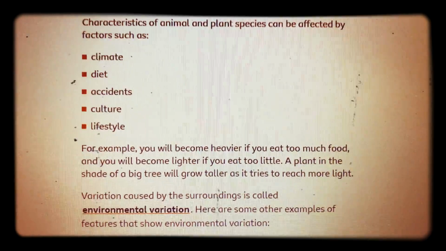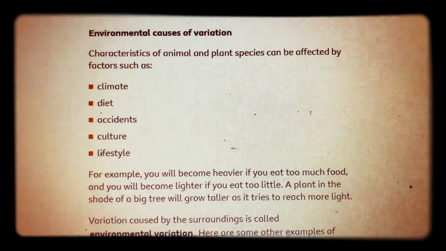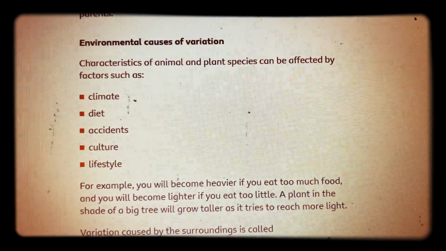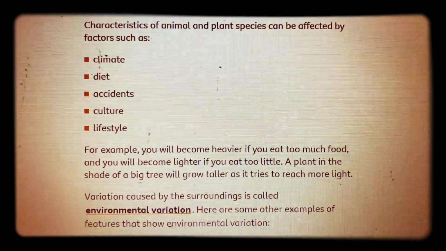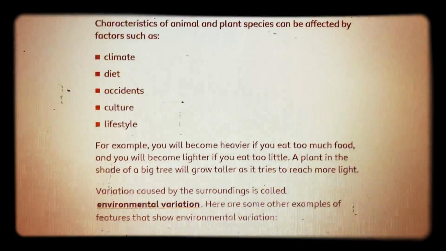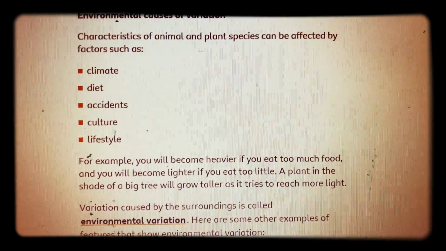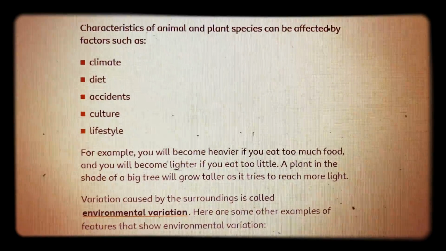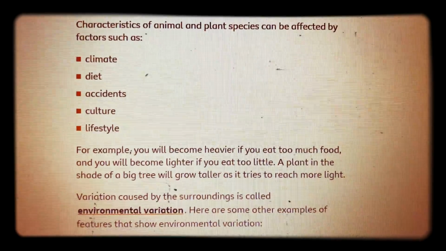Your diet as well, whether you've had an accident and you have a scar, the culture that we have, the lifestyle that we enjoy in the UAE. So we could become heavier if we eat too much food. We'll become lighter if we eat too little. A plant in the shade of a big tree will grow taller as it tries to reach more light.